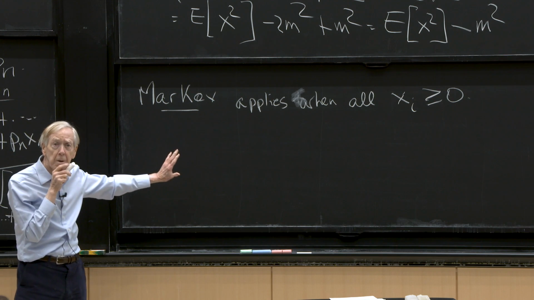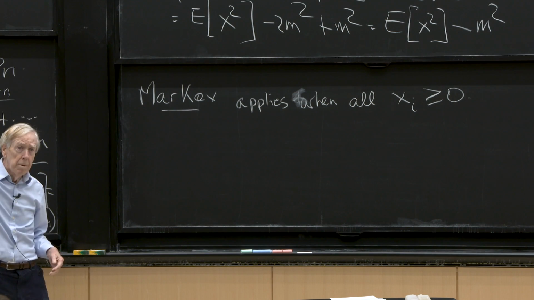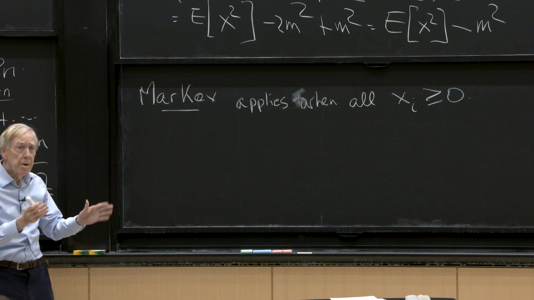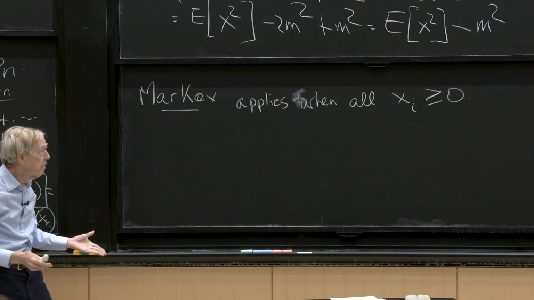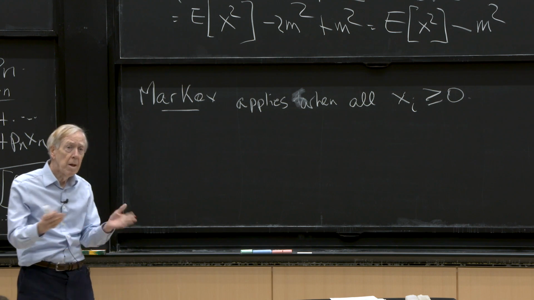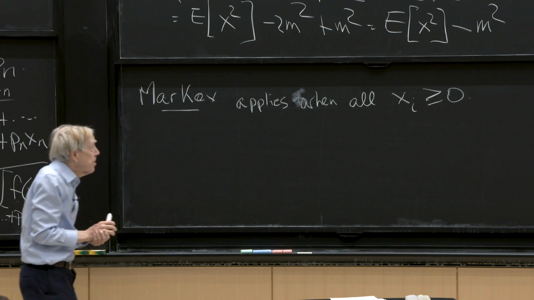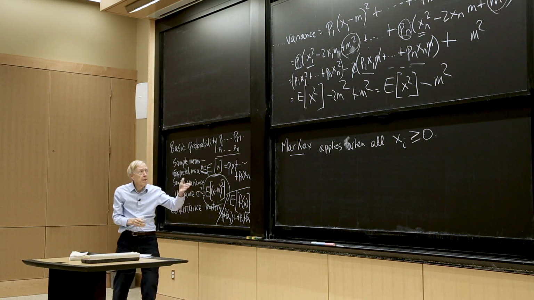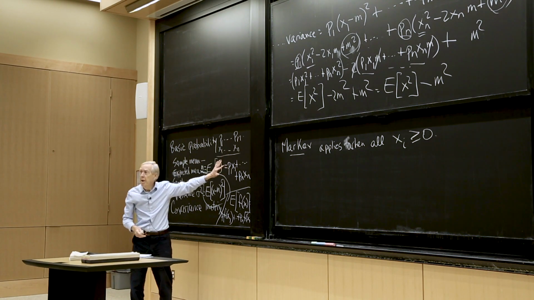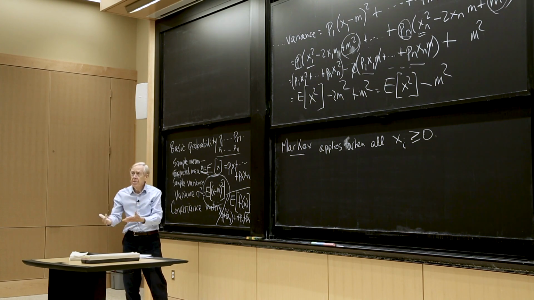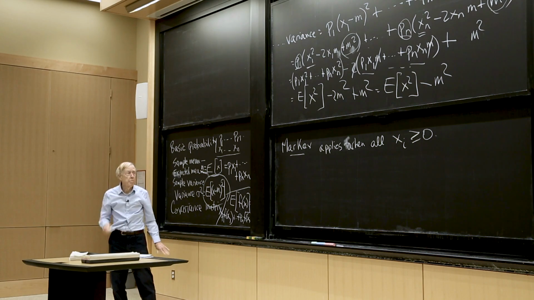So it doesn't apply to something like Gaussian, because with Gaussian the outputs go all the way from -infinity to infinity. It does apply to a lot of important ones and simple ones. So I'll give the proof for finite probability, and there'd be a similar discussion everywhere here for continuous probability.